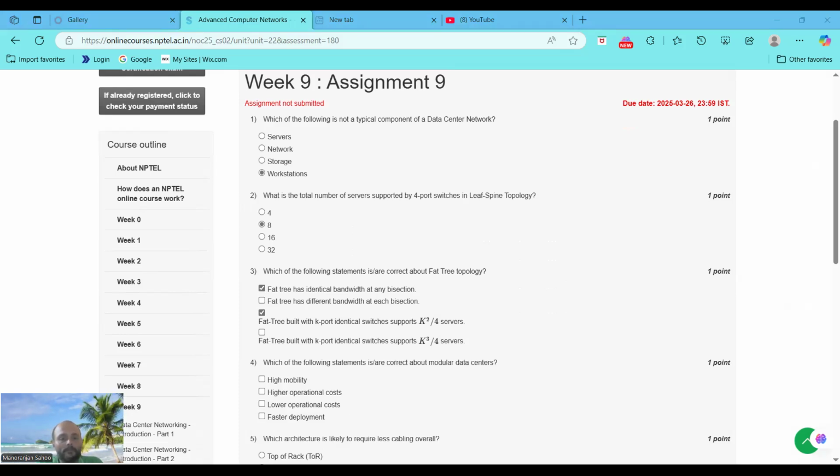So why do we choose the first option and third option? The first, fat trees have identical bandwidth at any bisections, is a true statement.